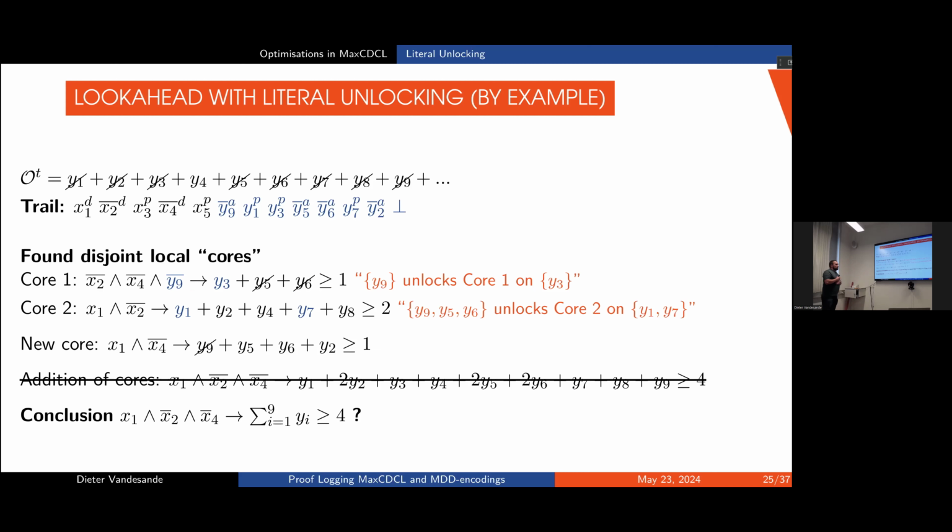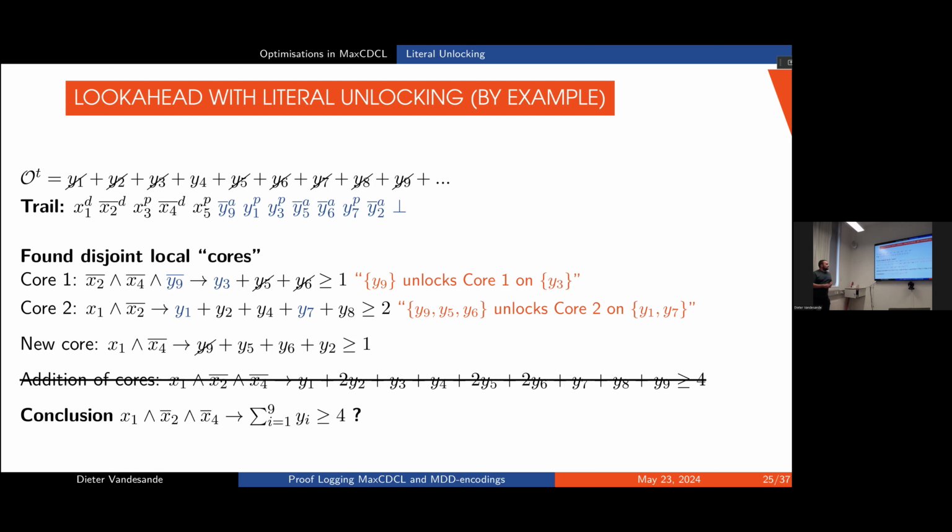If at least one of them is true, then y3 gives us a cost. Well, 2 of these ones gives us a cost, so we are at 4, and then the 2 literals from here we are at 3. And then the y5 or y6, the one that is actually true, gives us cost 4.